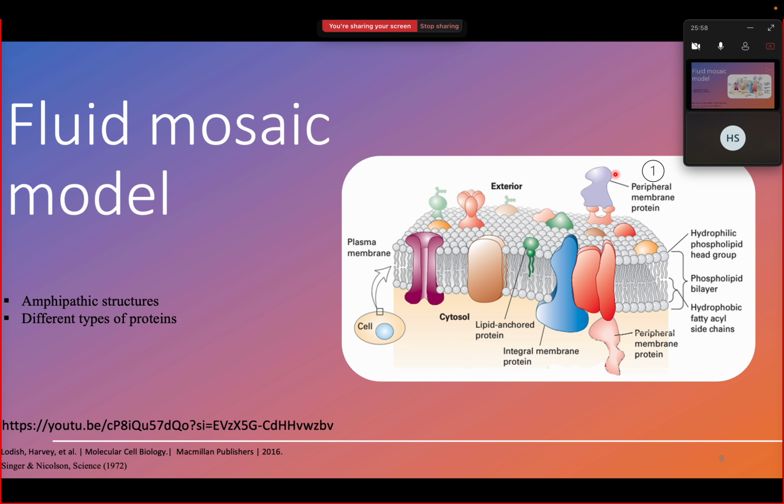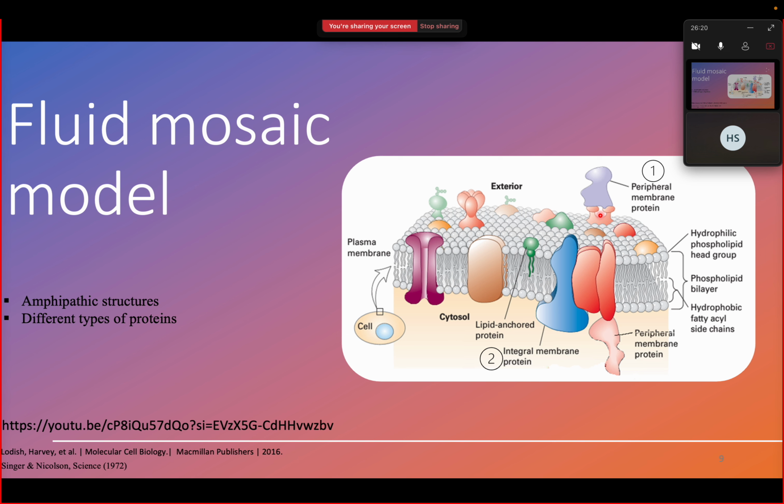Now these peripheral membrane proteins can either be directly associated with the lipid membrane, or they can be associated with certain linkers. If you remember, in the previous class we talked about GPI anchored proteins, right? So they are associated with the membrane but only to a single leaflet of a membrane.